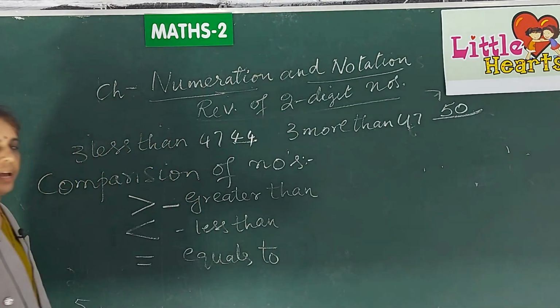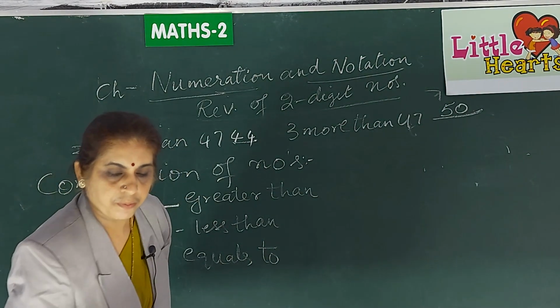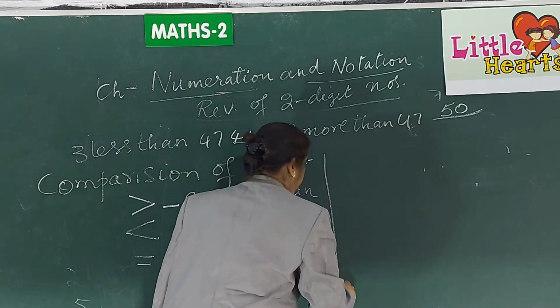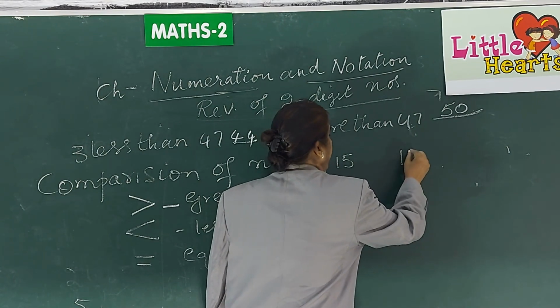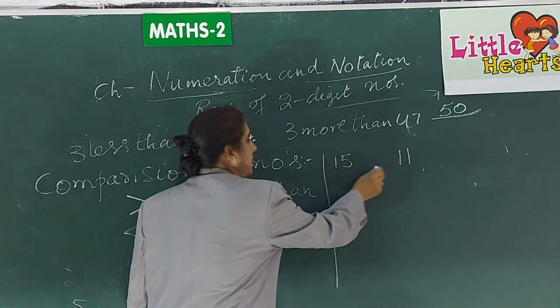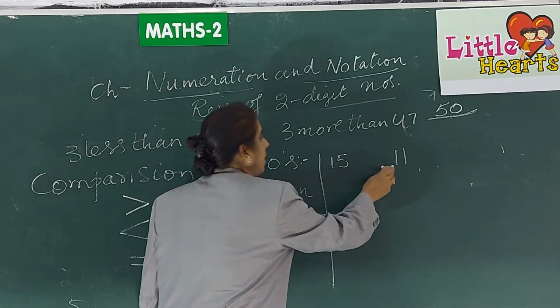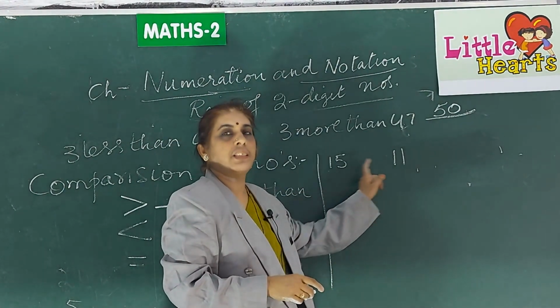Let us see how 2-digit numbers are compared now. First, compare the tens place digit. If both are equal, then check with the ones place digit.